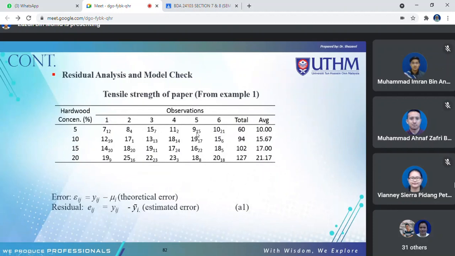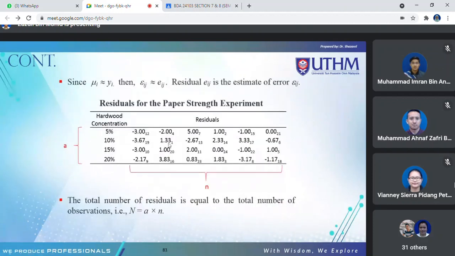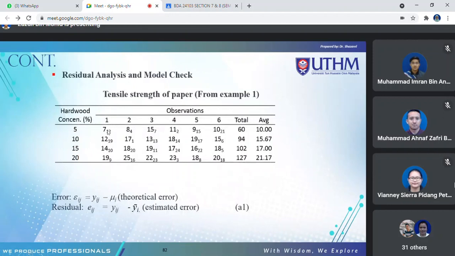Using this formula, you need to create another table showing the residual values. From these residual values, we have to do the residual analysis. The number of residuals is equal to the number of observations. It must be equal because you are calculating using each data from observations.